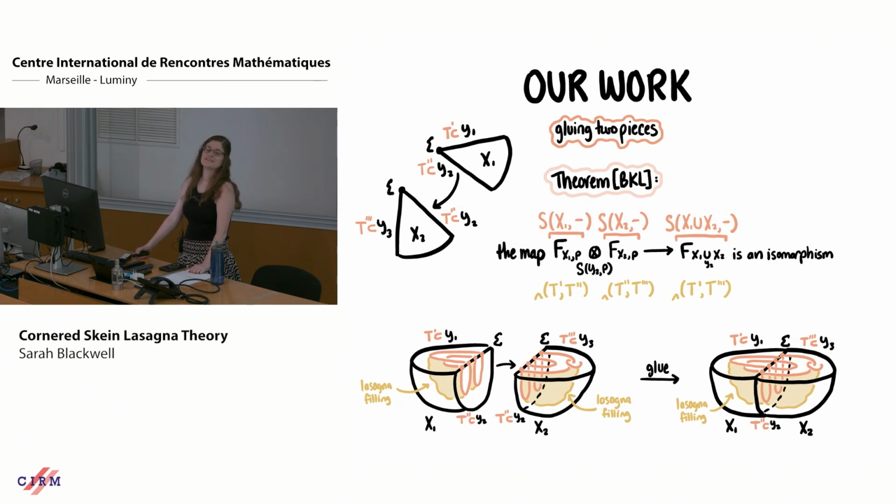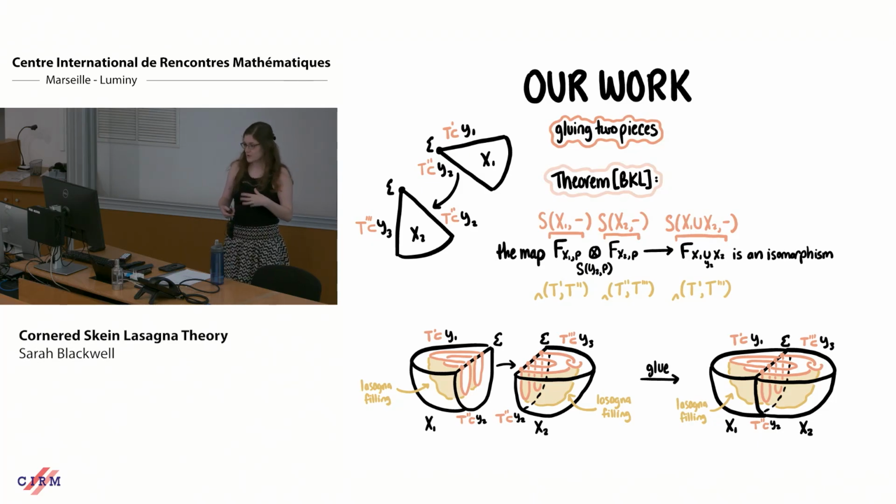So the question is, I think, am I defining an invariant of a closed four-manifold with a trisection? Well, the invariant of the closed thing is not new. That's supposed to be the normal Skein Lasagna module.